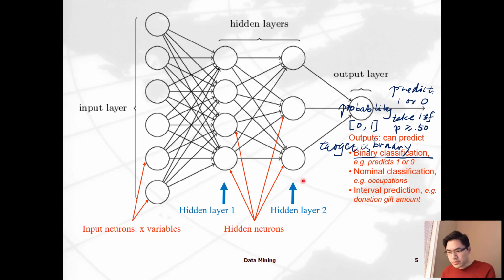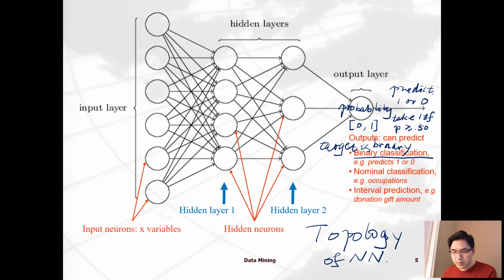So this is called the topology of the neural network model.